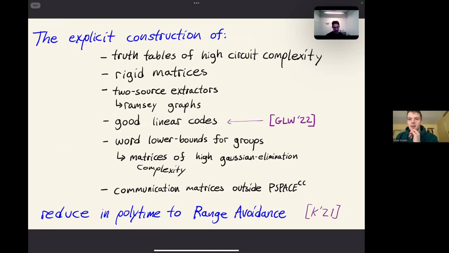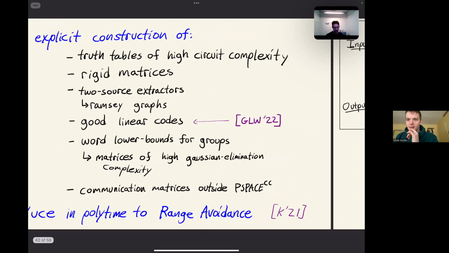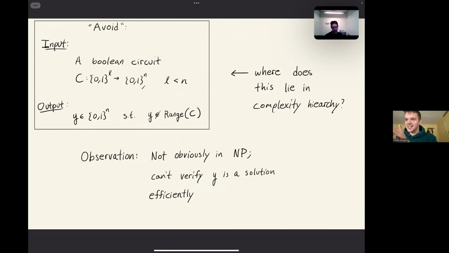So before I get to the next result about this class, I want to talk about, as someone asked before, whether solutions can be verified. I want to zoom out and understand where in the hierarchy of complexity classes this problem seems to lie. Just writing it down in the corner again, the input is a circuit that's extending the number of bits, and we want to find something outside the range.